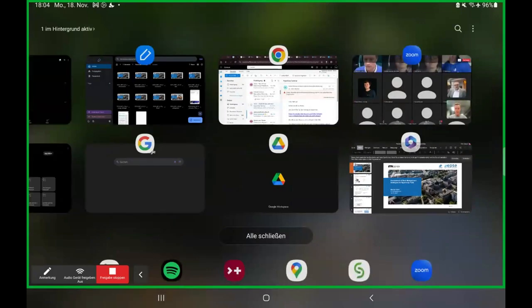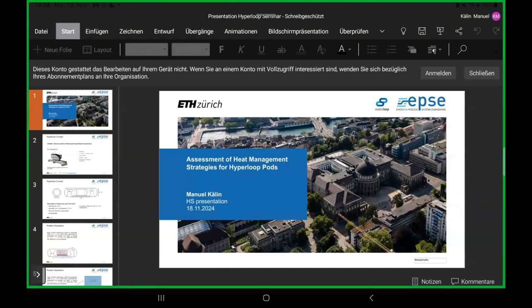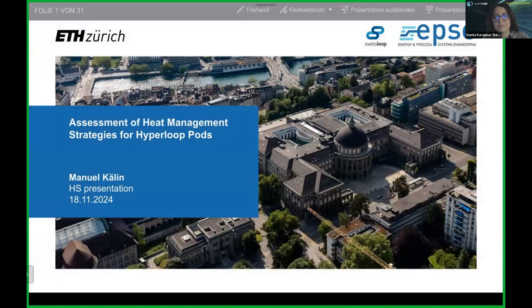Can you see the screen now? Yes, perfect. Good. So, right.